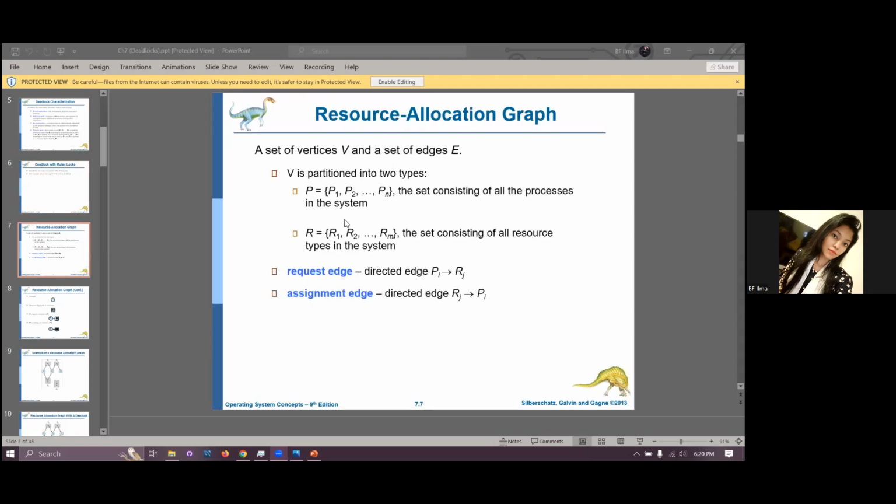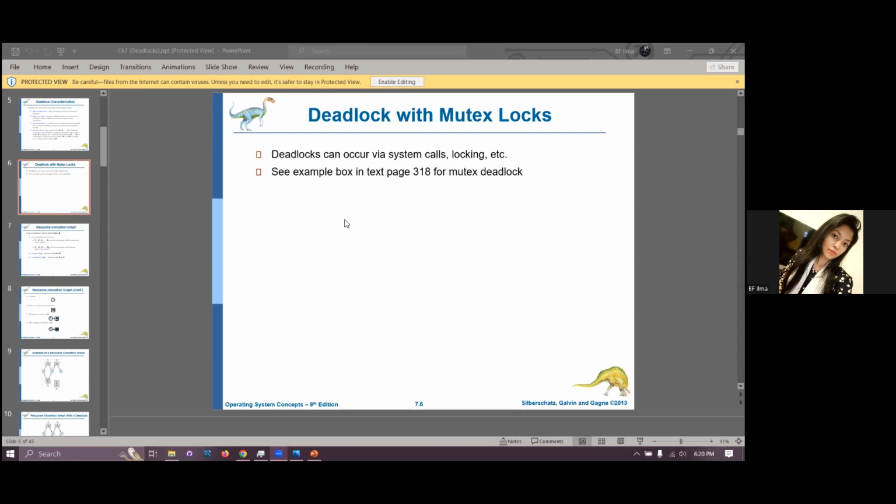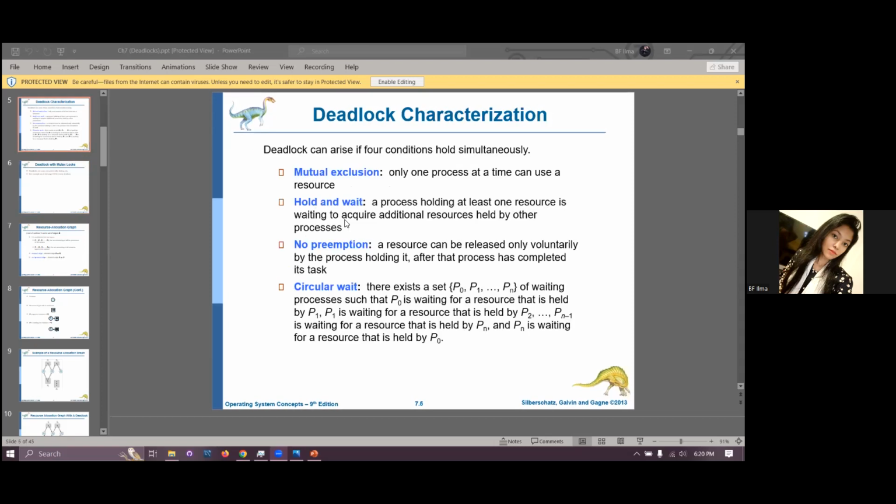So what's a safe state? It is a sequence of processes that would not result in a deadlock state. We have this set of processes P0 to Pn, and we are trying to identify the correct sequence so that it does not result in a deadlock.